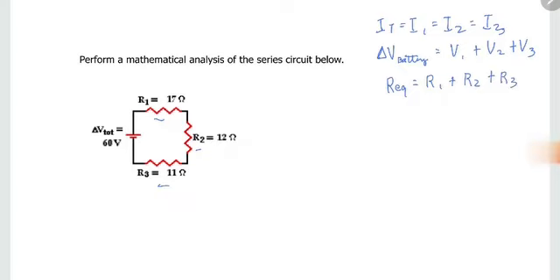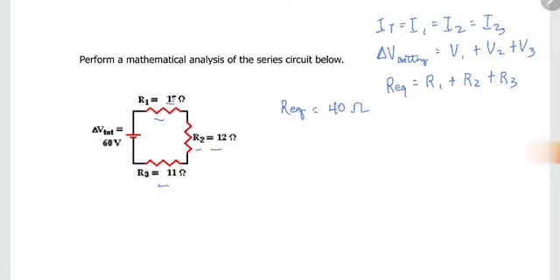We should start with the R equivalent. Okay, now get your calculators and then just simply add these values. So if you add 12 plus 17 plus 12 plus 11, you should be getting 40 ohms.